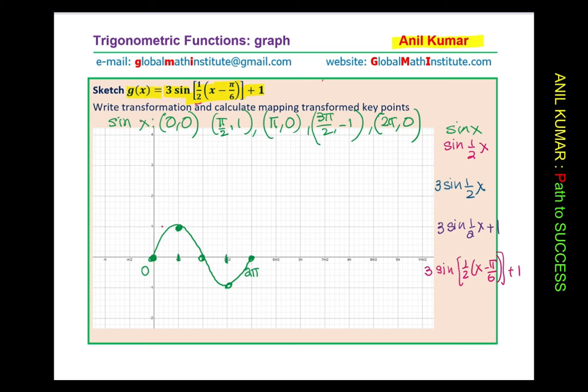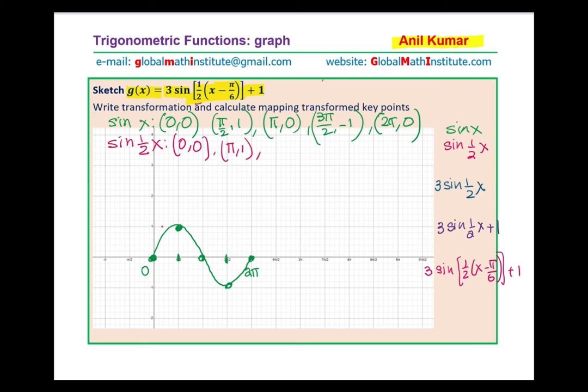Now I will draw sine of half x. When we do sine of half x, the y values remain the same and the x values double. It is a horizontal stretch by a factor of 2. So this will remain as 0, 0, but we'll multiply all x values by 2. This becomes pi, 1; 2 pi, 0; 3 pi, minus 1; and this is 4 pi, doubled for each x value.